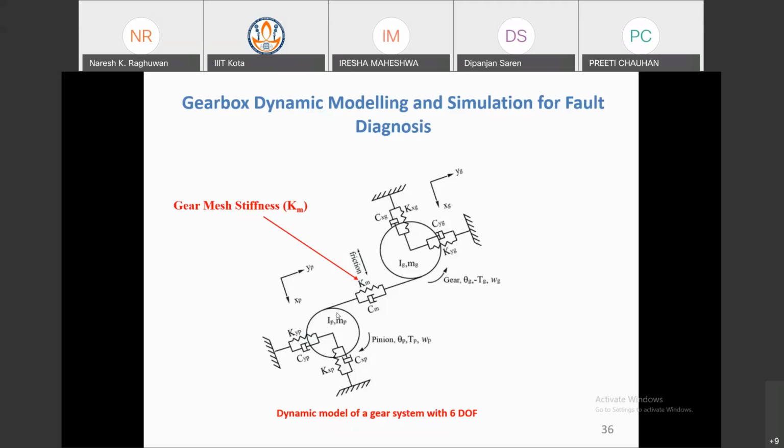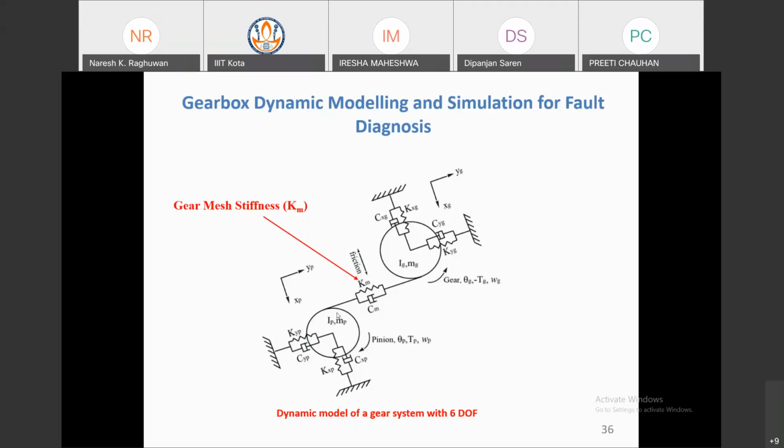But this gear mesh stiffness is not constant during the rotation of the gear. Gears are rotating, but the mesh stiffness is not constant. At a particular moment, the mesh stiffness is something, then the gear is rotated, and the mesh stiffness is changed.